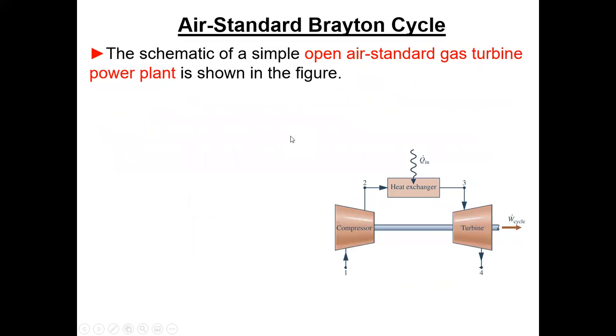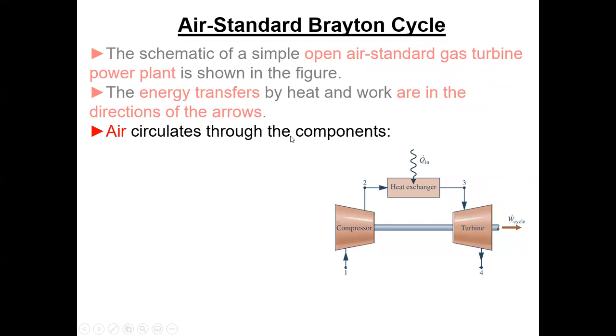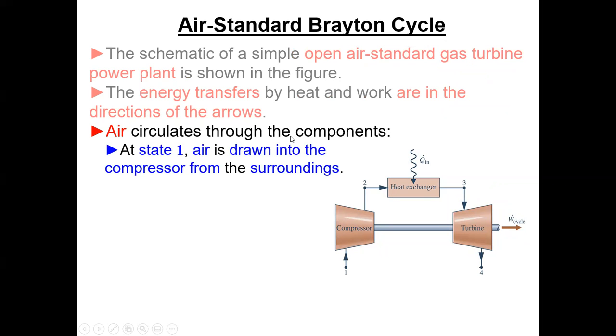So, okay, let's see. Schematic of a simple open air standard gas turbine power plant is shown. Energy transfers, heat and work, are positive in the directions we show them. So we've got air circulating through the components. This is a little bit redundant.